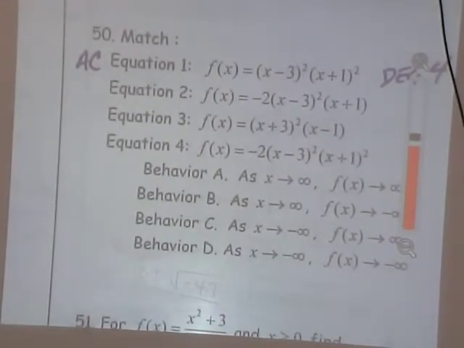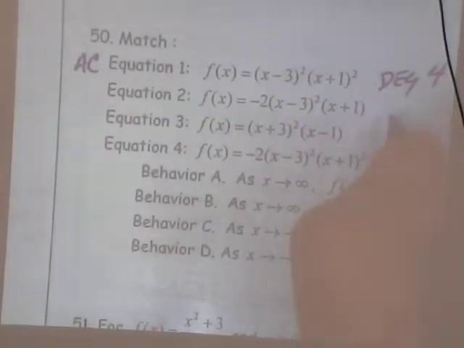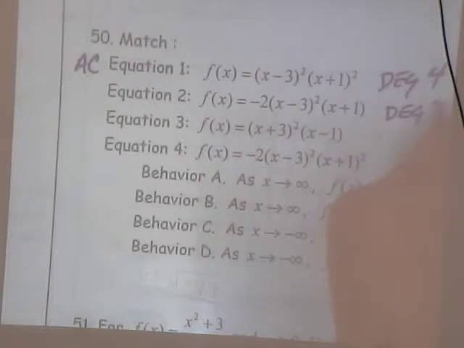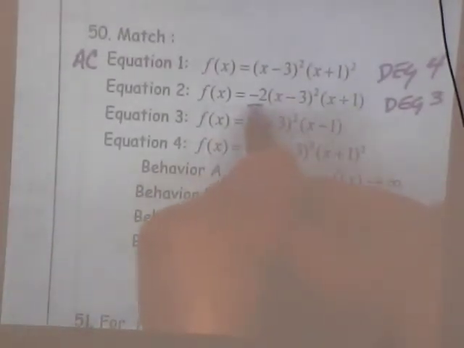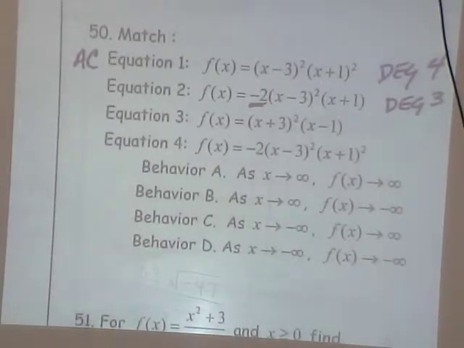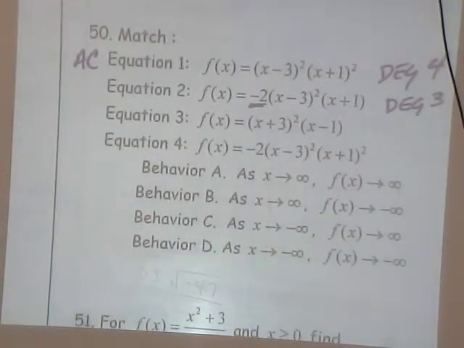All right, the next one, the degree is what? It's going to be degree 3, but my a value is going to be a negative, right? So it's going to behave a lot like a linear function with a negative slope. So what's the end behavior?